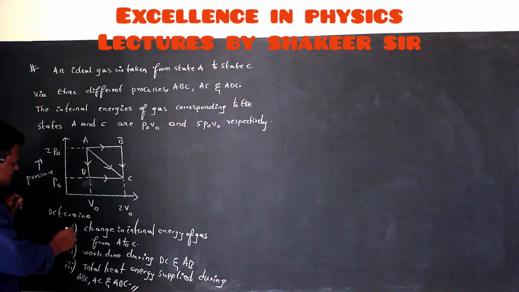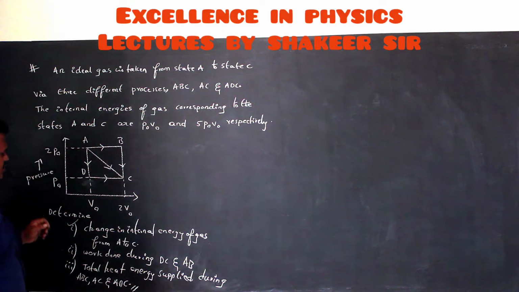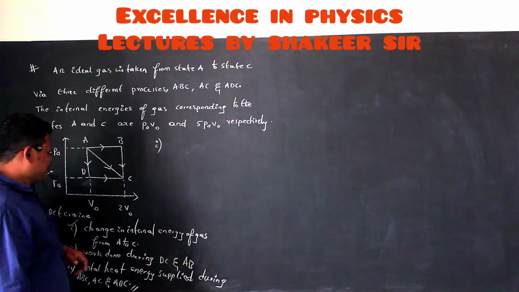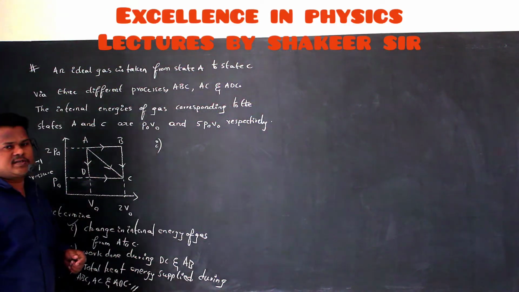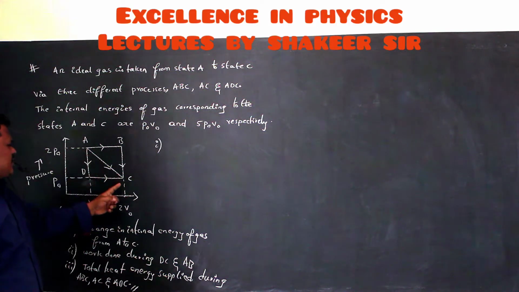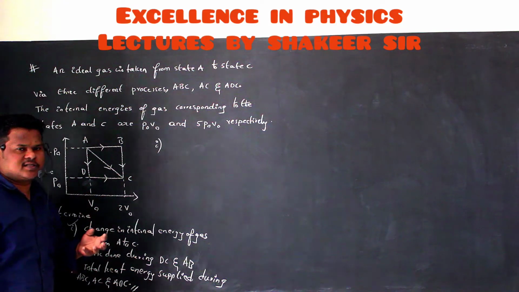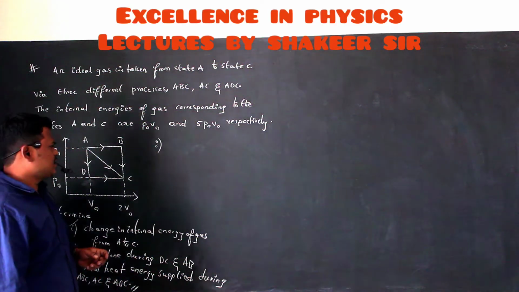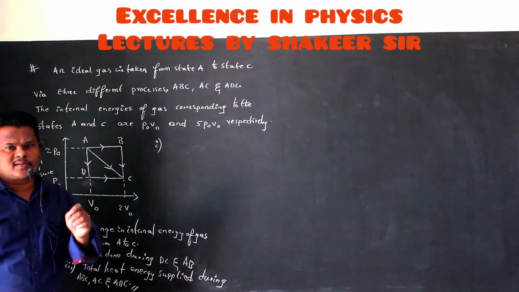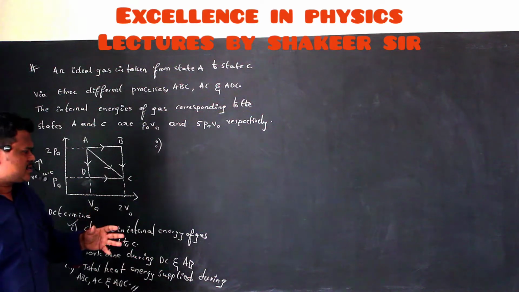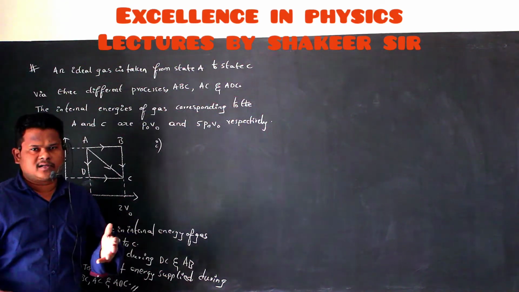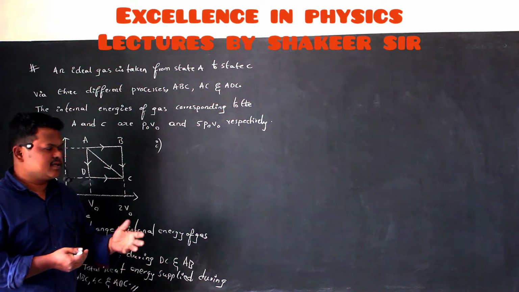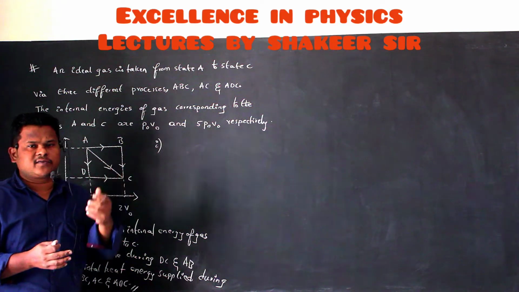So first of all, let us try to do this question. What is the change in internal energy of the gas from A to C? In traveling from A to C, how much will be the change in internal energy? We have already studied that internal energy is a point function, whereas heat supplied and work done are path functions, in the sense that they depend on the path we have taken.